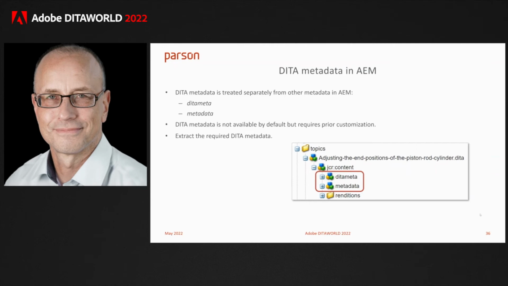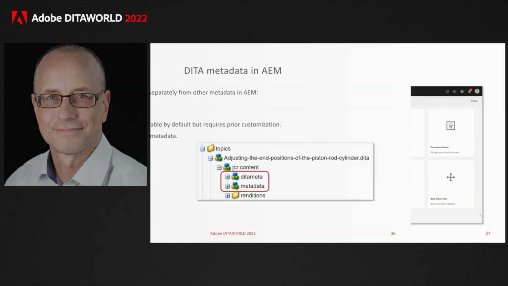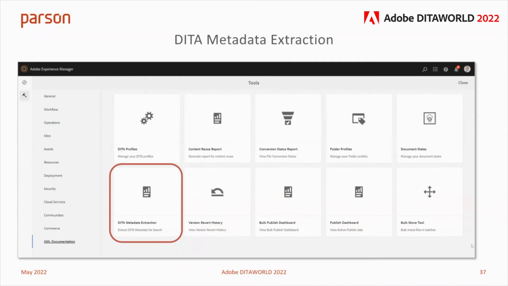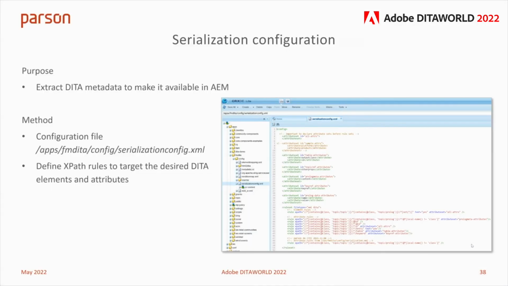To make DITA metadata available in AEM requires a mechanism that is called extraction, and we will have a look at that. There's a DITA metadata extraction option available from the back end, but this requires some prior configuration. The extracting of DITA metadata is called serialization under the hood, and the serialization must be configured by modifying a special XML configuration file.